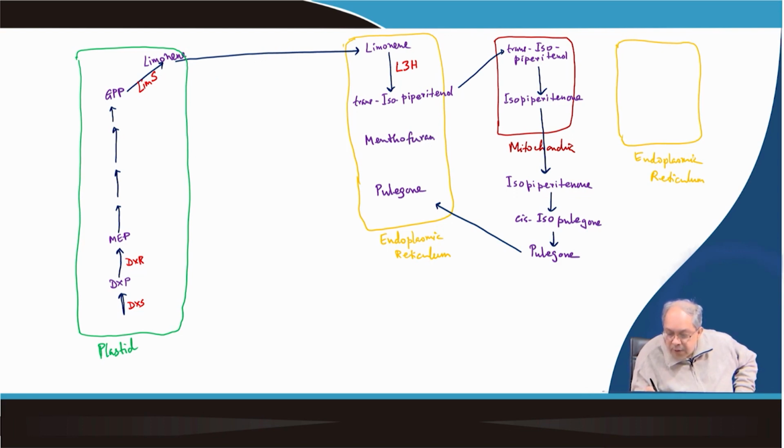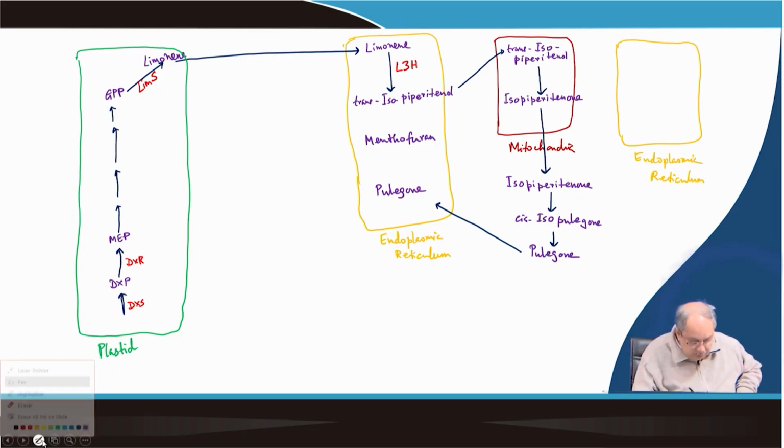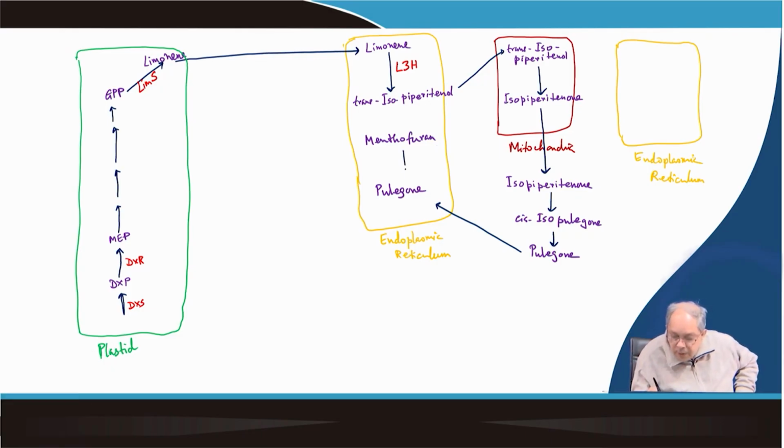Whereas, in another case, this pulegone will be converted into menthone. So, pulegone can be converted into either menthone or also isomenthone.